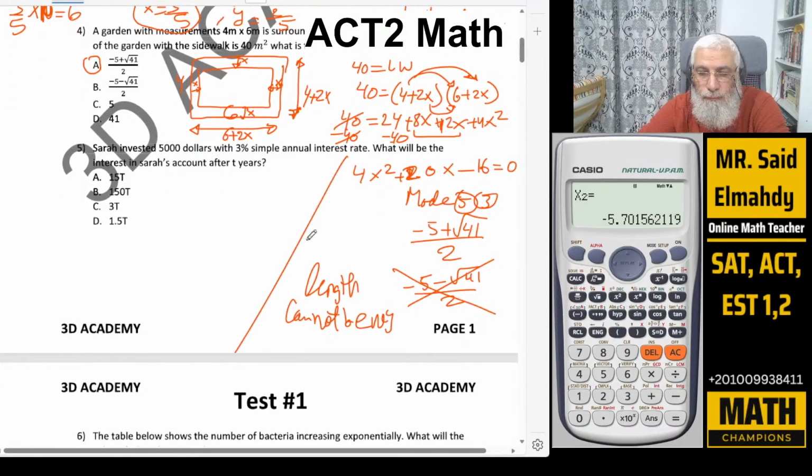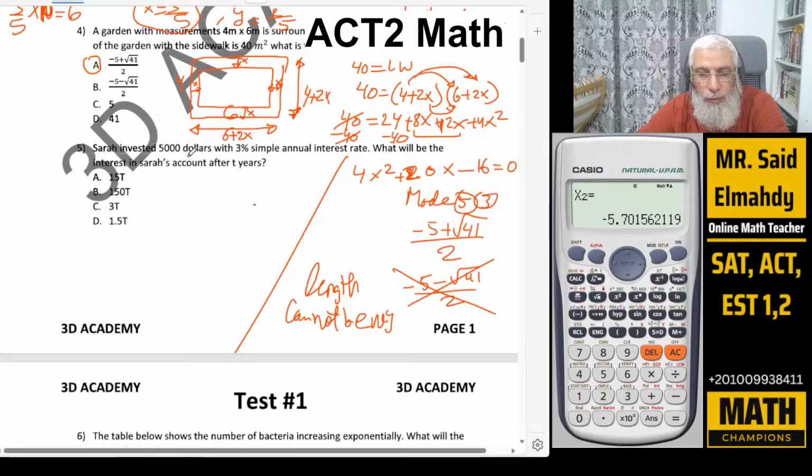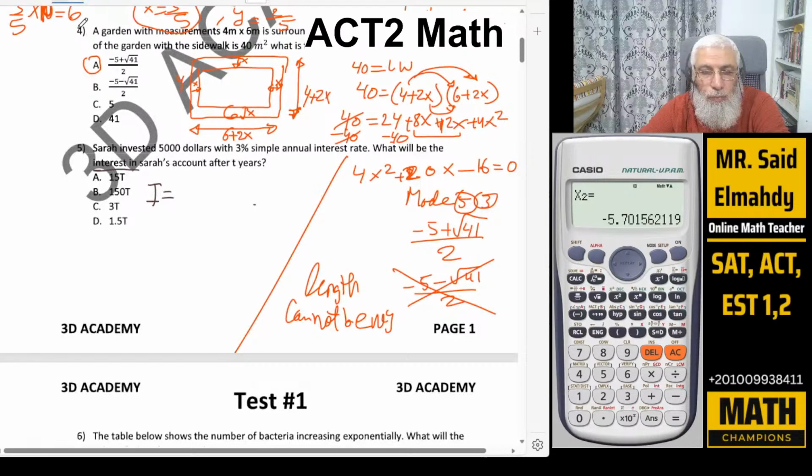Question number 5. Sarah invested $5,000 with 3% simple annual interest rate. What will be the interest in Sarah's account? Interest equals PRT.